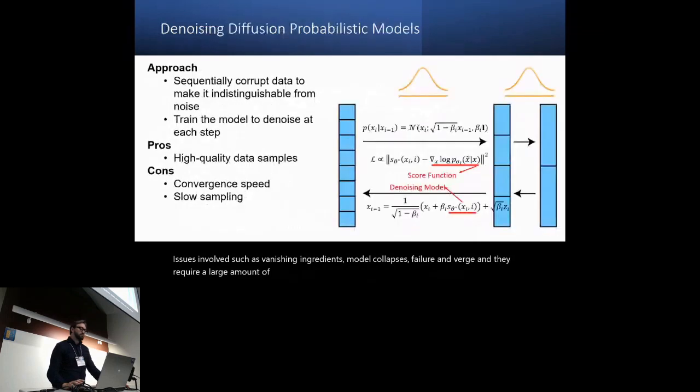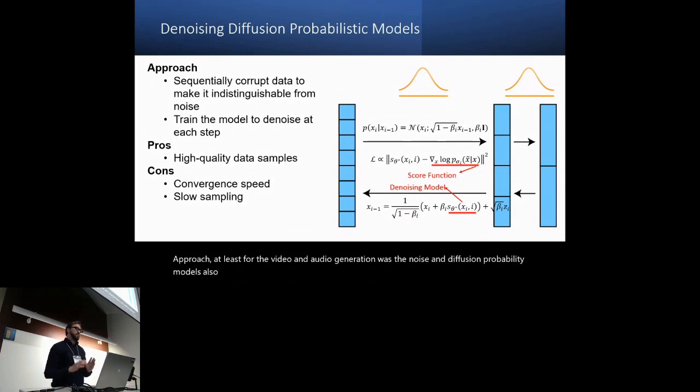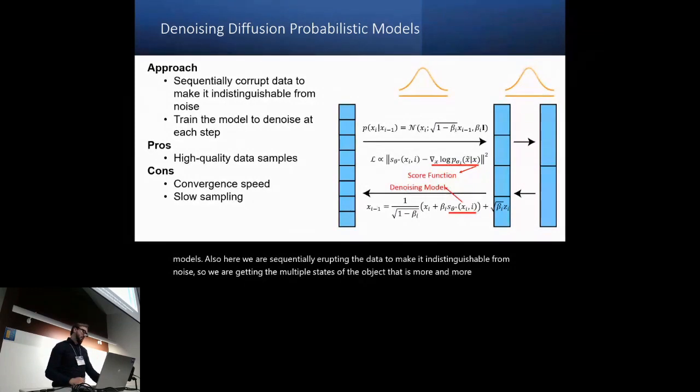A better approach, at least for the video and audio generation, was the noise and diffusion probabilistic models. So here we are sequentially corrupting the data to make it indistinguishable from noise. So we are getting the multiple states of the object that is more and more noisy, and we build a Markov chain over those states.